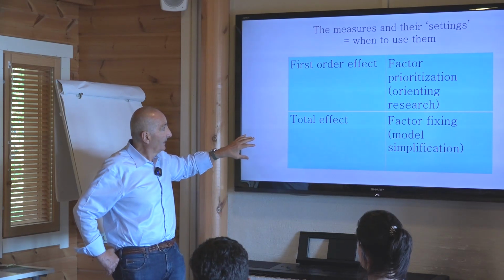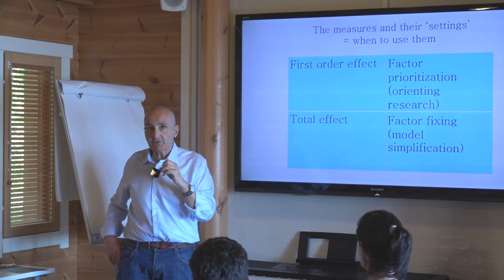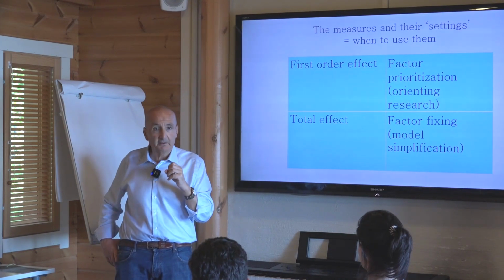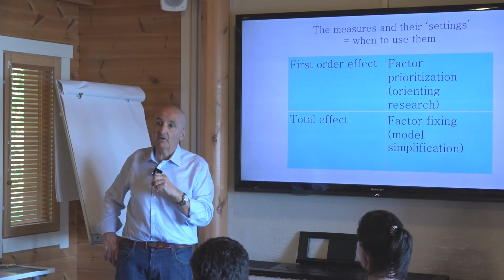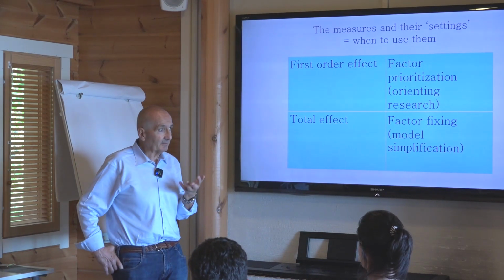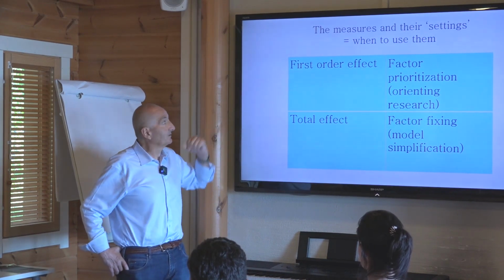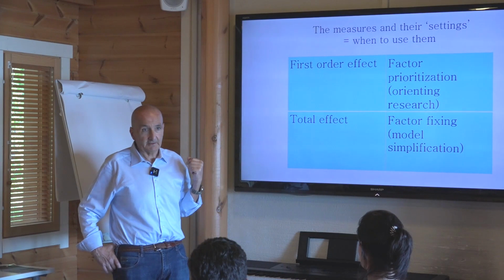But the first order effect is good to decide which factor needs to be determined better, if this is your objective. Where should I spend my money if I have only a limited amount of money to get better measurement? The answer would be the factor with the higher first order effect.